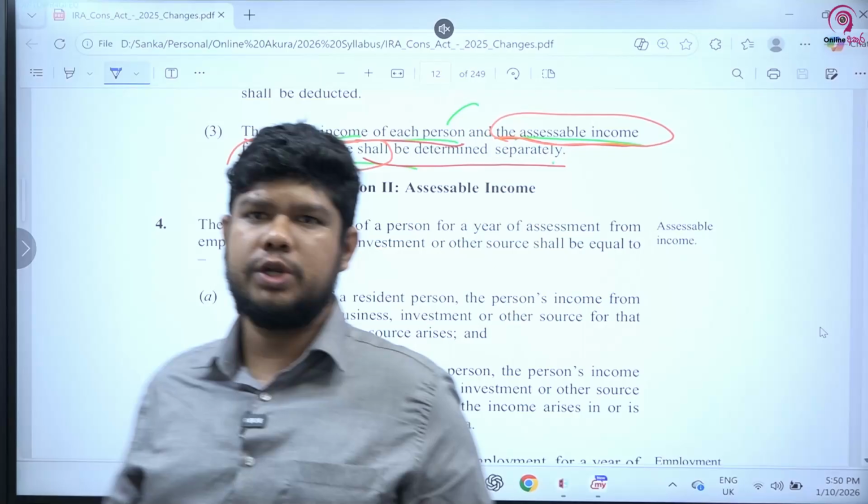The assessable income of a person for a year of assessment from employment, business, investment or other sources shall be equal to, in the case of a resident person, the person's income from employment, business, investment or other sources for that year, wherever the source arises.